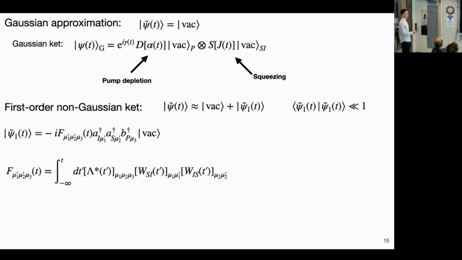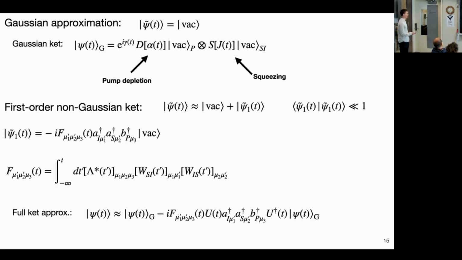This is the only piece that survives from that large expression, and it just involves the production of these three photons. And in this perturbative approximation, the full ket is given by the Gaussian plus the Gaussian with some photons added and subtracted from it.